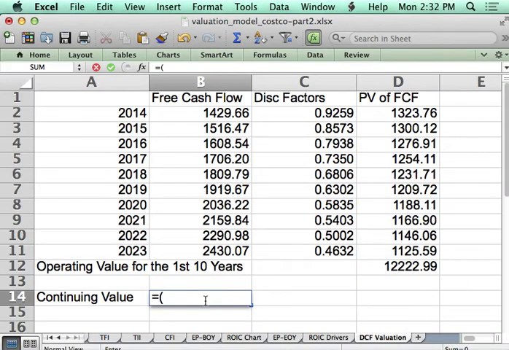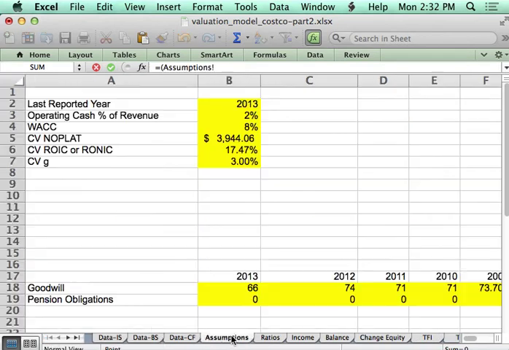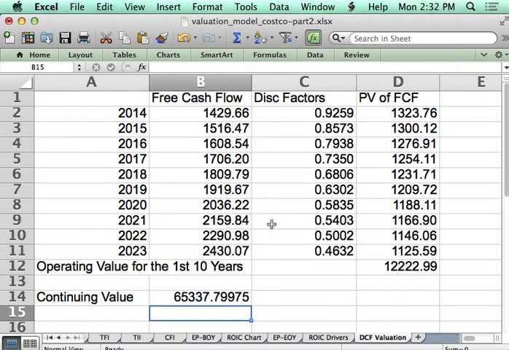So left paren from the Assumptions tab, NOPLAT times left paren 1 minus the CVG growth rate divided by the ROIC, right paren, right paren, divided by left paren, WACC minus growth, right paren. So about 65 billion and change.